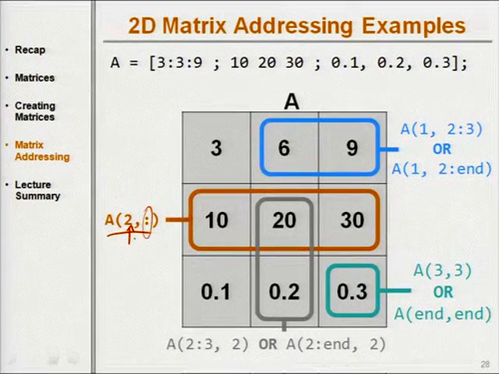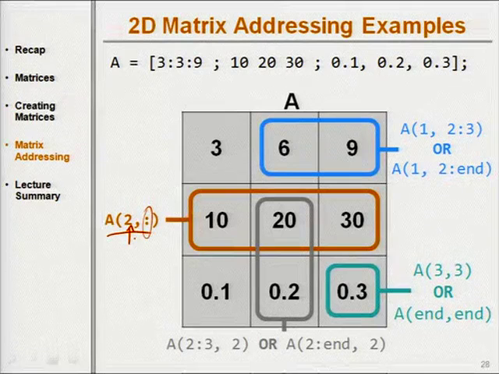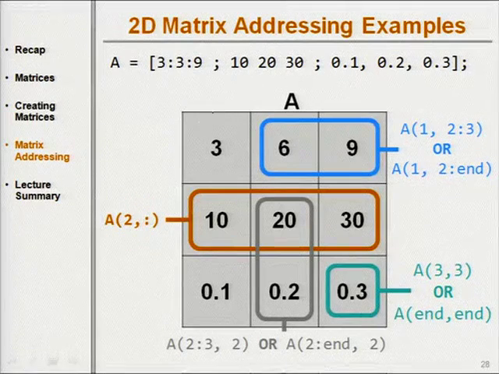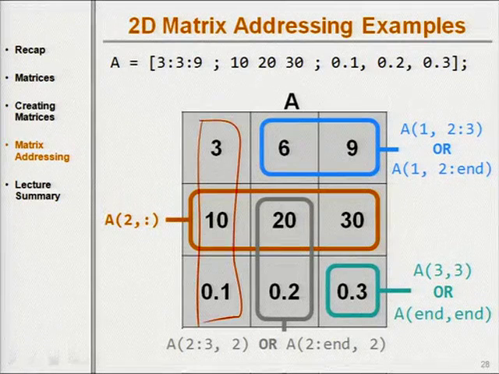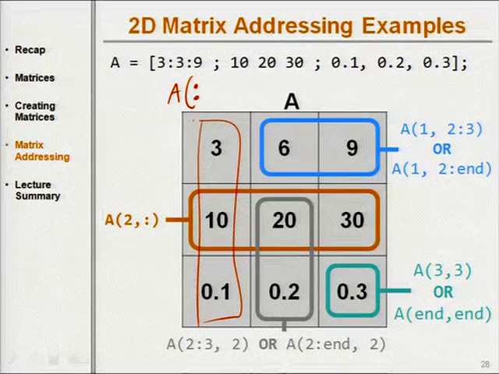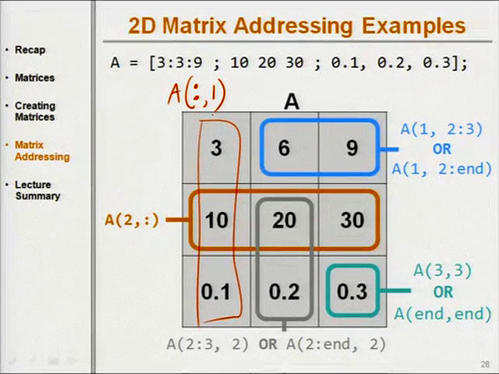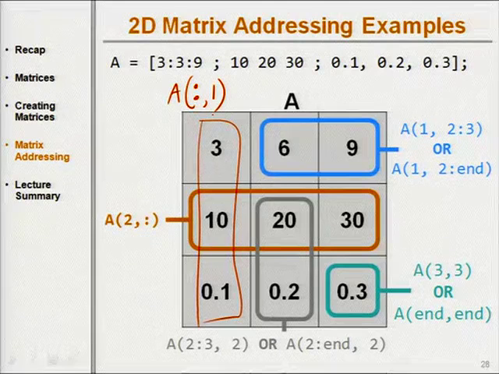If I write colon, it will mean all the elements in that row. If, for instance, I wanted all the elements in column 1, I could write A with a colon in the row position. That doesn't depend on the size of the matrix, so it will give you all the elements. So you can extract all elements in a row or in a column using this syntax.